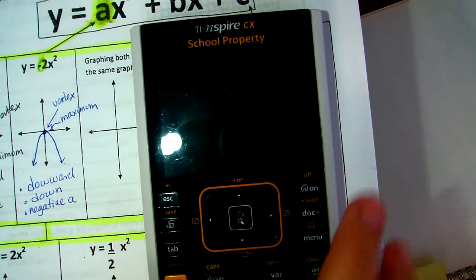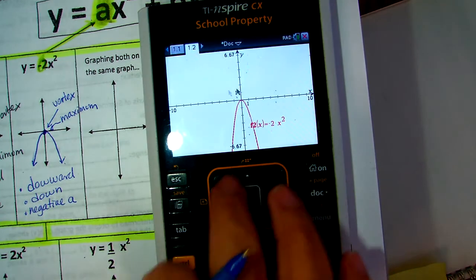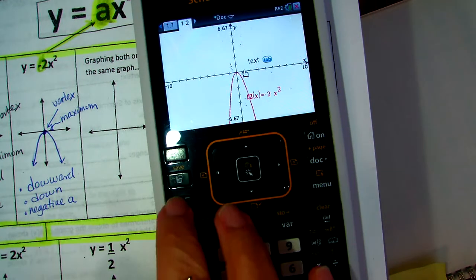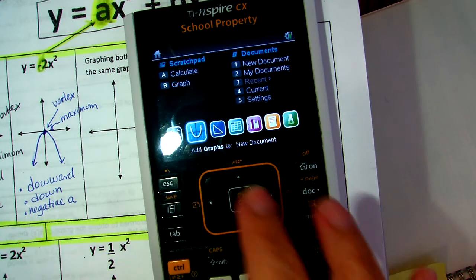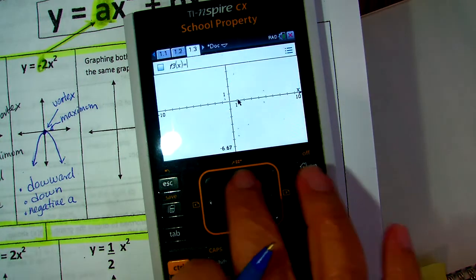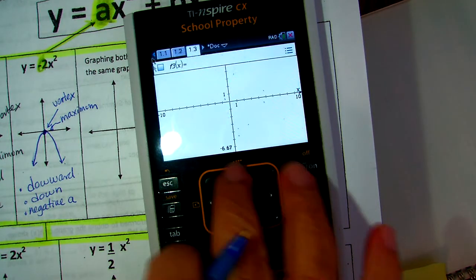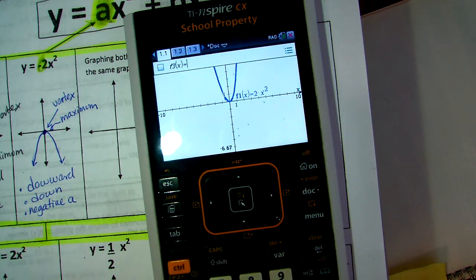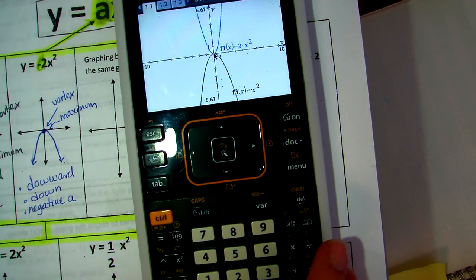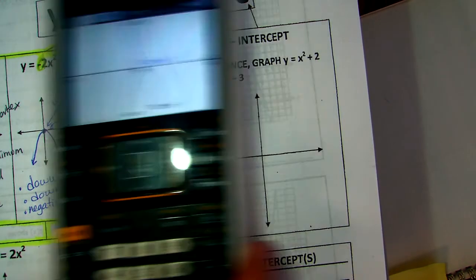Let's put them here on the same graph. I can go back, I can use this one. I'm going to press tab and graph the negative one, negative x squared. Enter. You see what we have? That way you can see the comparison.